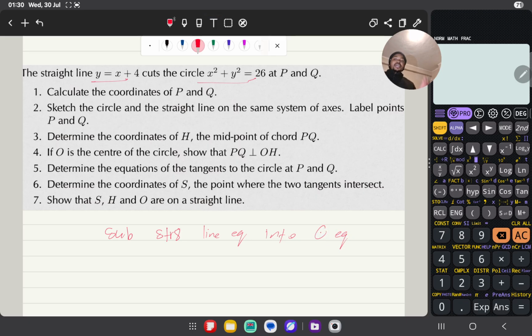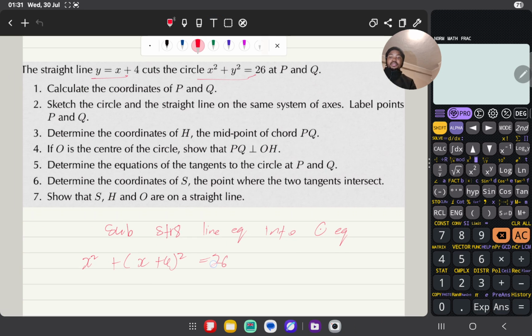Let the straight line equation be equation 1 and the circle equation be equation 2. Then we substitute 1 into 2. When you substitute, you will have x squared plus open bracket x plus 4 squared equals 26.